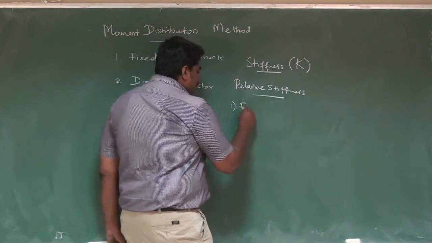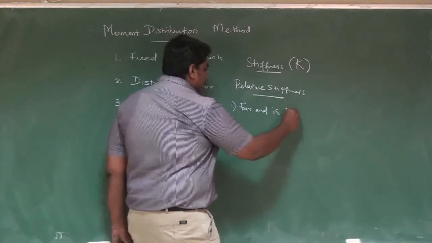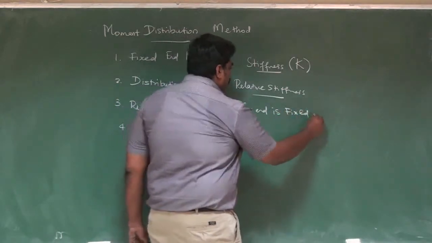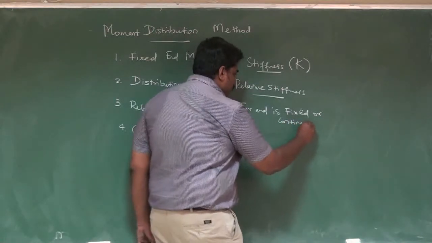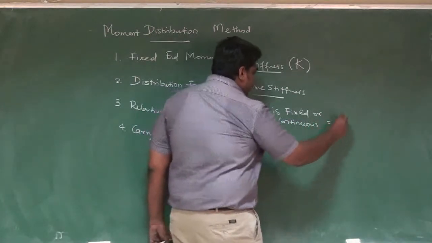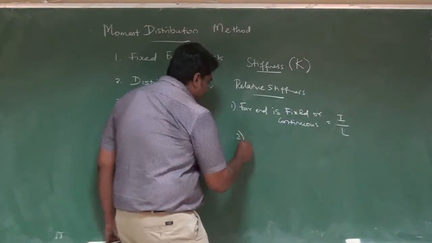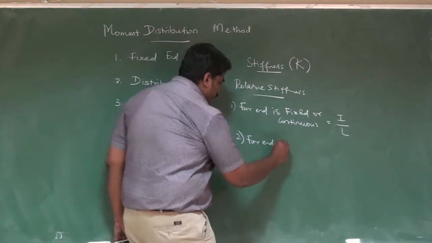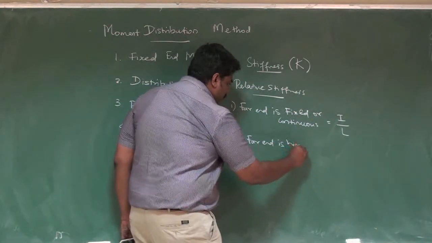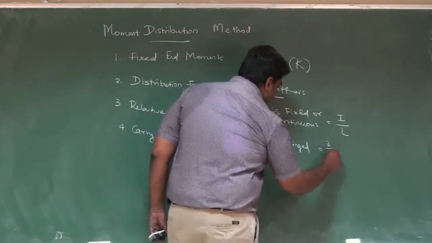When the far end is fixed or continuous, the stiffness is I by L. The second case is when the far end is hinged; it is 3 by 4 I by L.